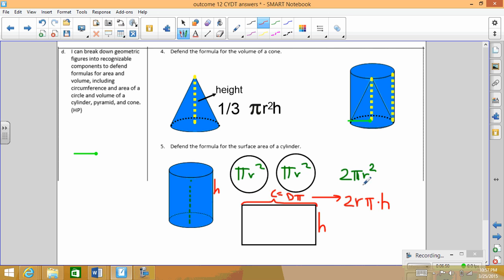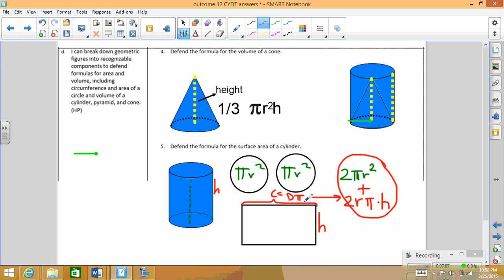Okay, so to get the total surface area, you add these two things together. So we've got two circles, that's 2 times pi times the radius squared. And then you've got the area of this rectangle, which is height times what this length is.